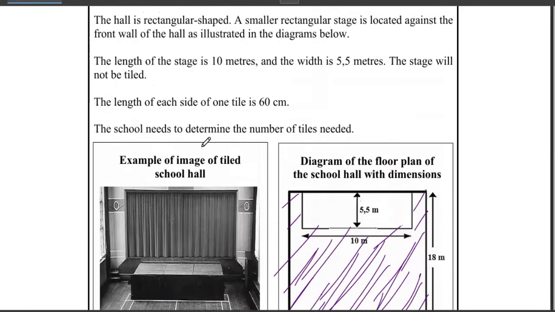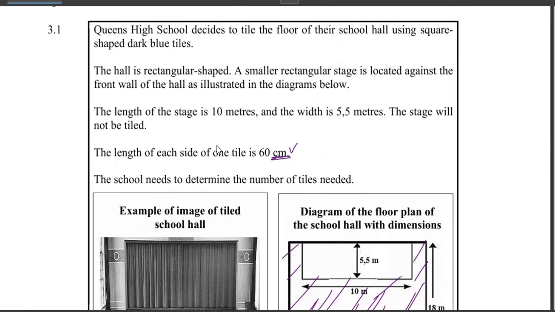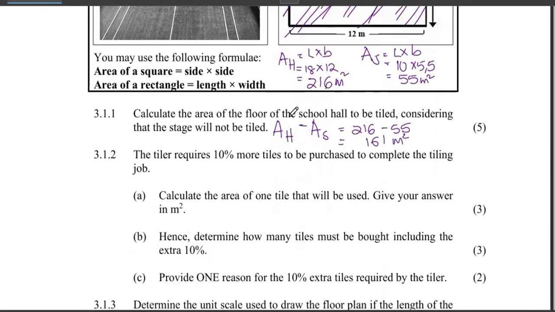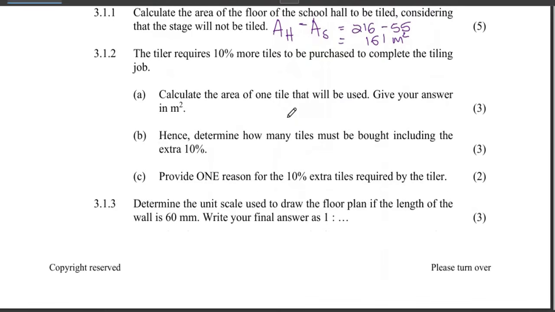The length of the square they have already given us, it's this one here, but it's in centimeters. Why have they given us one? Because they said they are going to use square-shaped dark blue tiles. That means the tiles are in square form. So we are going to find the area of only one in meters squared.